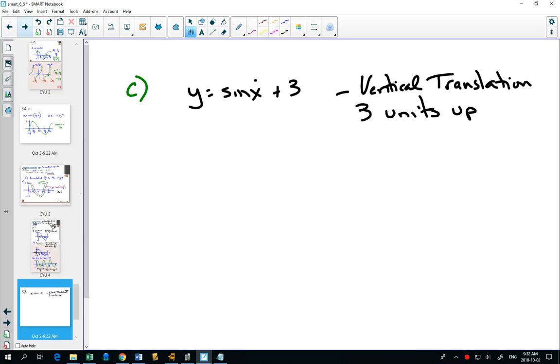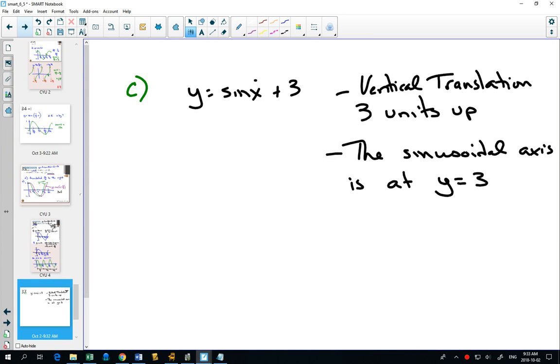From our sinusoidal unit, the key thing that we're going to notice that this changes is the middle line, or the average, or the fancy word for it is the sinusoidal axis, is now at y equals 3. In all of our other examples, the middle line has been on the x-axis. But now that we shift things up, our middle line shifts up 3.